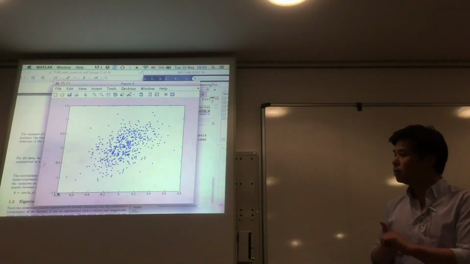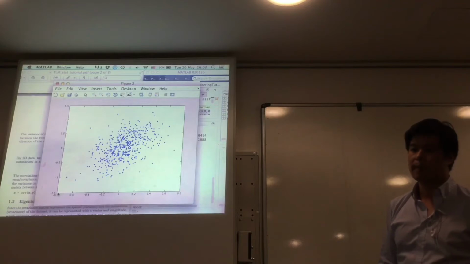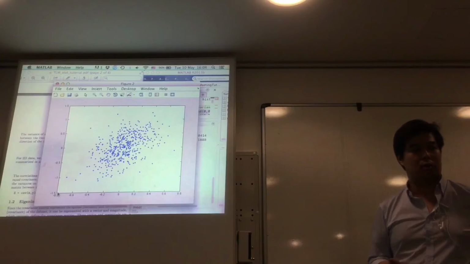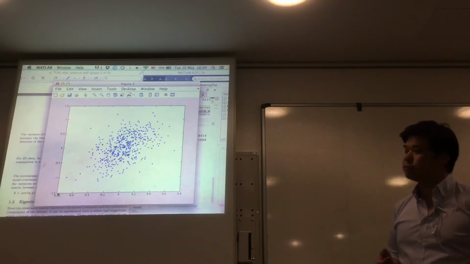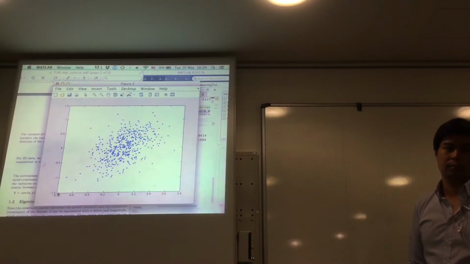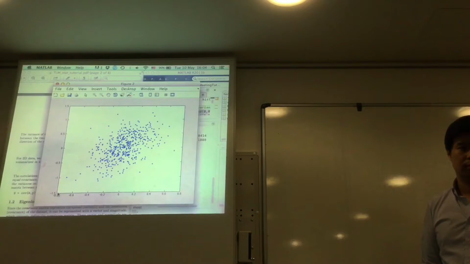If they're unrelated, the data will be all over the place. If they are covariated, you will see a more dense variation along a line, which can be any orientation, but there is more density there.